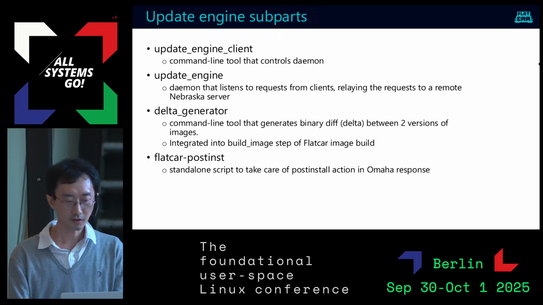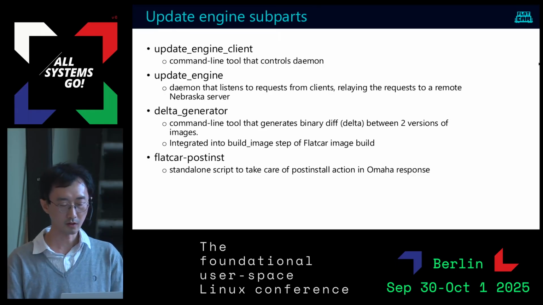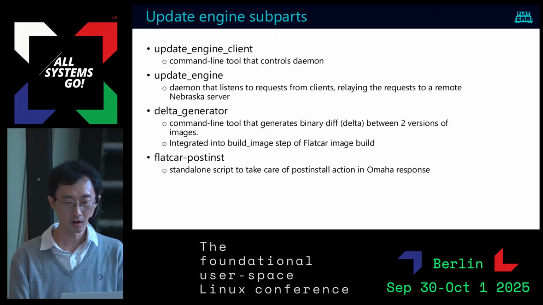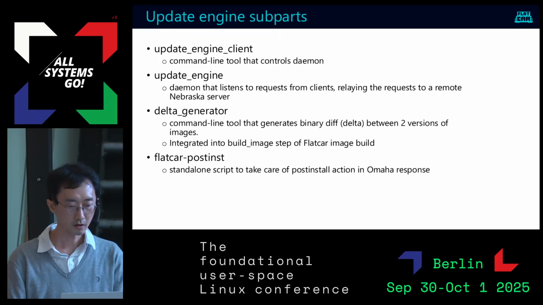And the second one is the crucial part of update engine, the daemon, that listens to requests from the client and relays the requests to the remote Nebraska server. Nebraska is also another open source project, and I'll explain later.